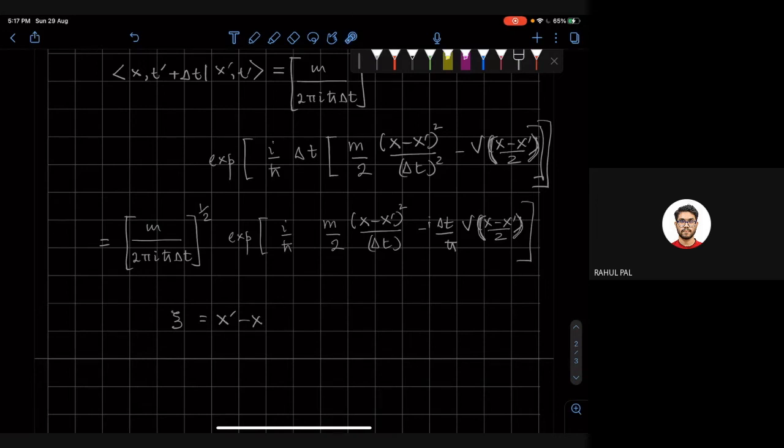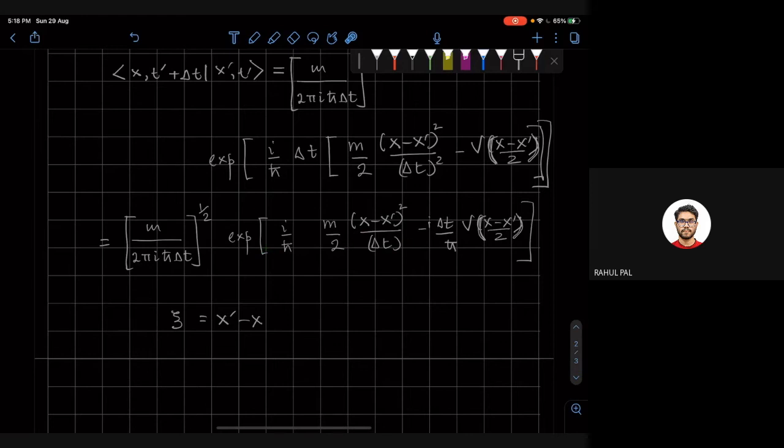If I look at this as x varies, what happens is that this thing fluctuates wildly, right? Because it's a small time interval, 1 over h is a small number, and here we have a phase. So as you change x or x prime, as you change the difference, this thing varies wildly.